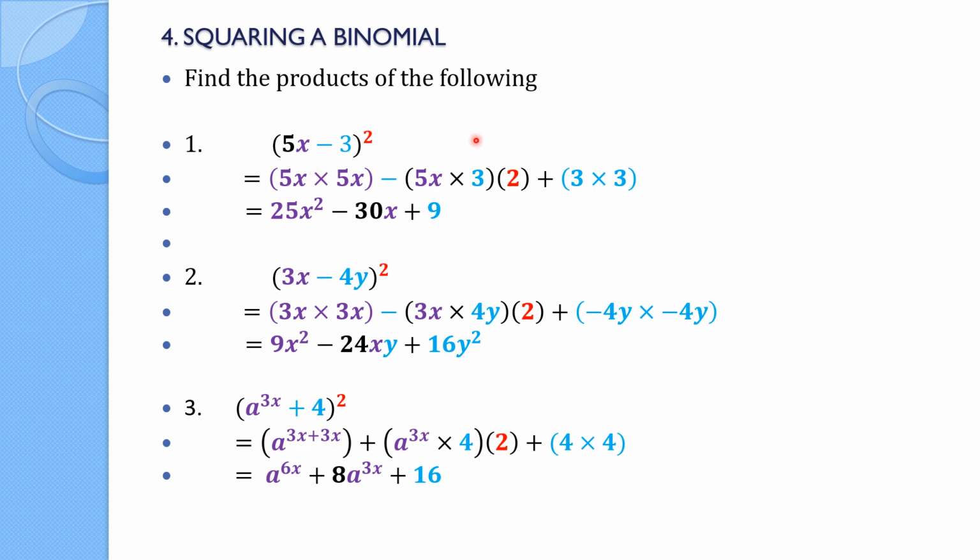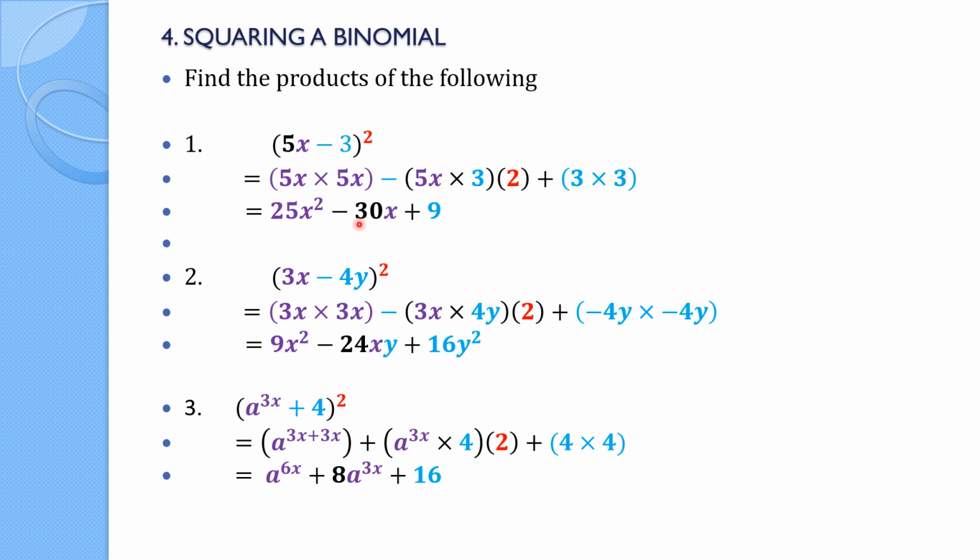For the end term, I say negative times negative, which is positive, and then 3 times 3. Right, however, you forget that there's a middle term. If we had to make two brackets and multiply out, they have a middle term. So for the middle term, I say positive times negative gives me negative, 5x times 3, times the 2, because we'd have two terms that have 5x times 3. Right, so therefore that becomes 25x squared.